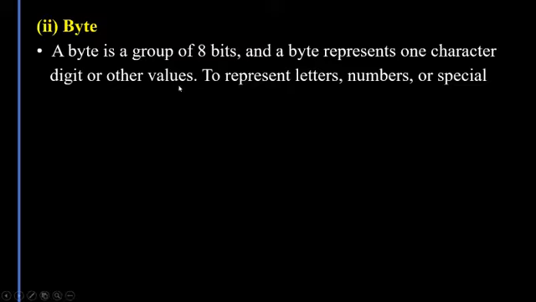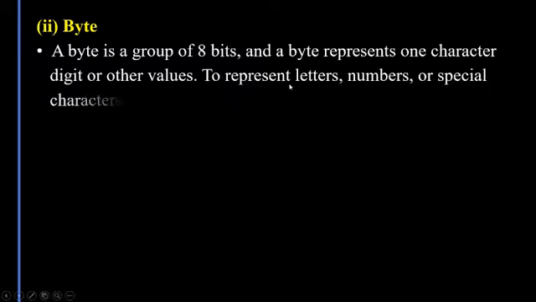So, I can tell you a character like Y or I is equivalent to 8 bits. Any character, it can be a letter, a number, or any other special character like a comma, a full stop, a period, an exclamation mark.